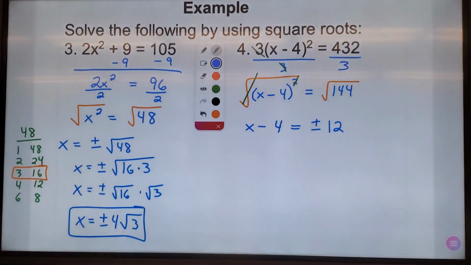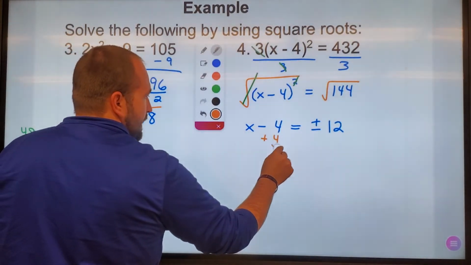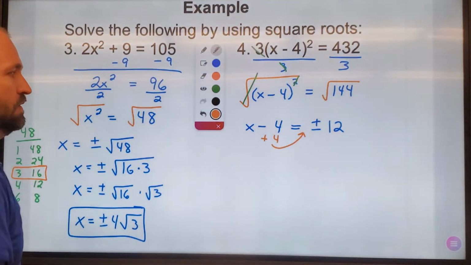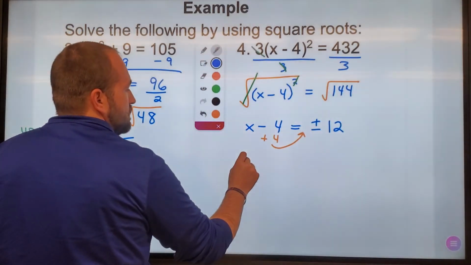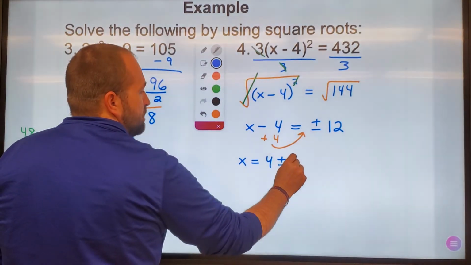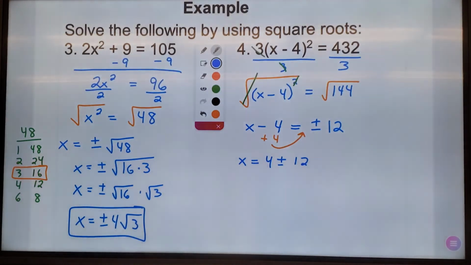Okay, we then have to continue because now I have something that's still attached to that x. So I'm going to move that 4, and I'm going to do that right here in front of that plus or minus. So that gives me x equals 4, because I'm adding it, plus or minus 12. At this point, if we have a square root still there, then we're done. However, here we don't have a square root, so I can continue with my process.